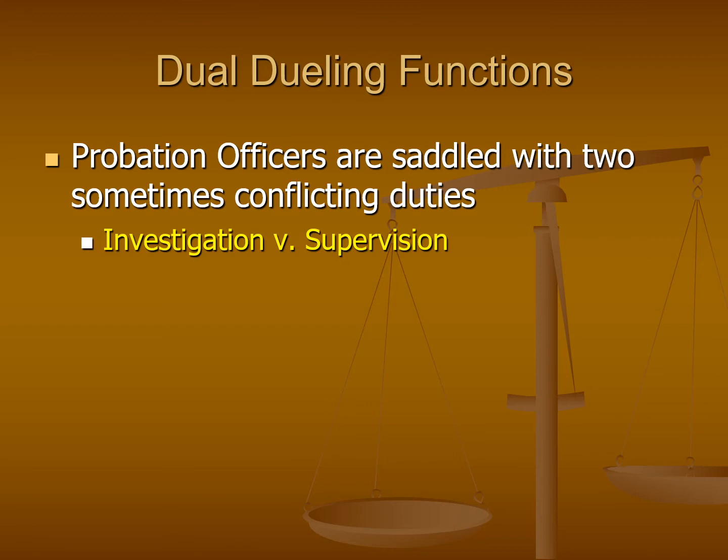Another way of conceptualizing these dual functions for probation officers is to think about the conflict between the necessities of treatment versus surveillance, right? Treatment, on one hand, you want to assist these individuals, help them get rehabilitated, refer them to treatment programs, help them battle their addictions or whatever they may need assistance with.